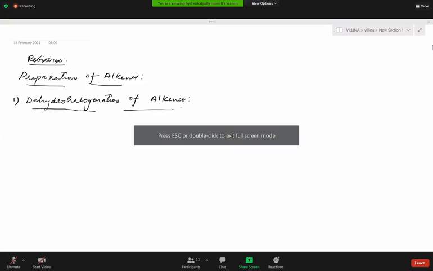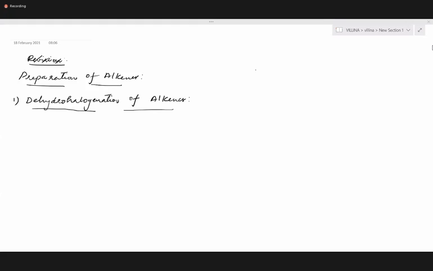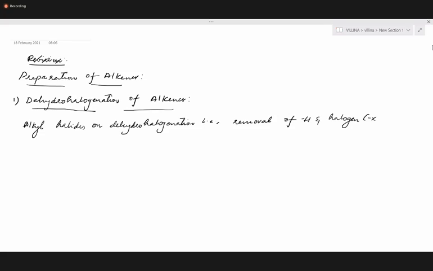Alkyl halides on dehydrohalogenation. That is, removal of hydrogen and halogen atom from adjacent carbon atoms.